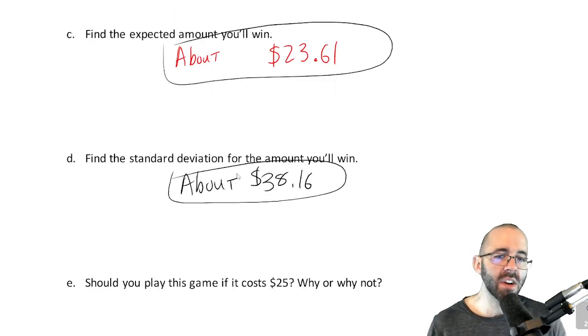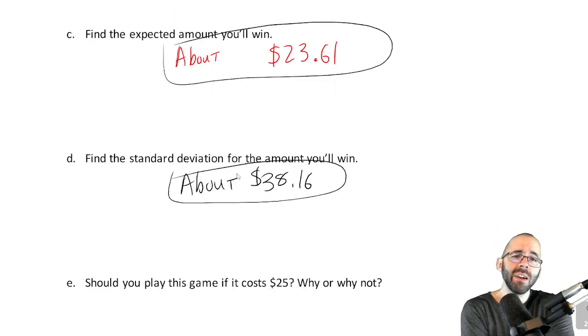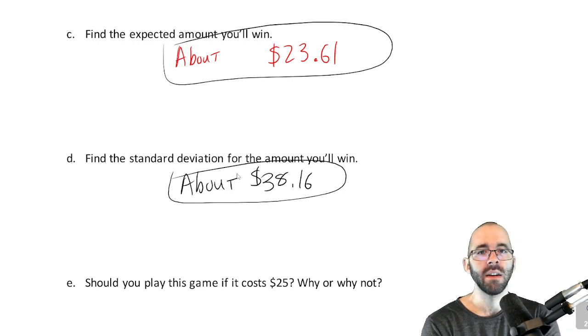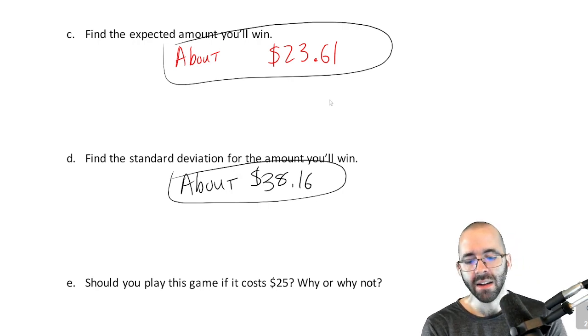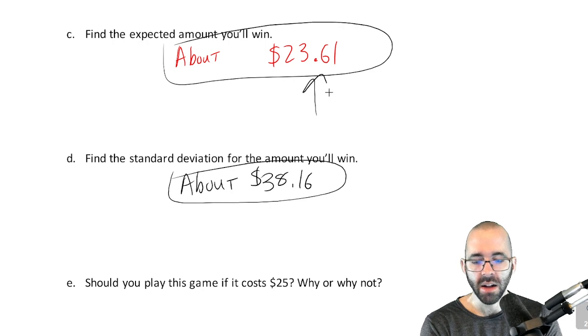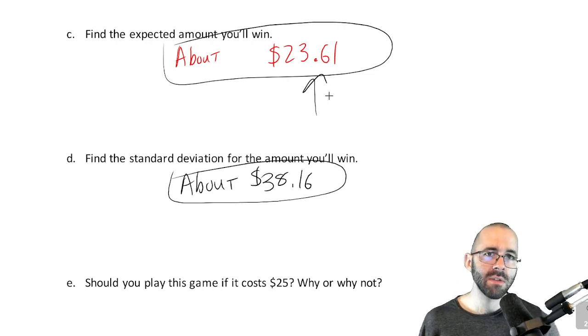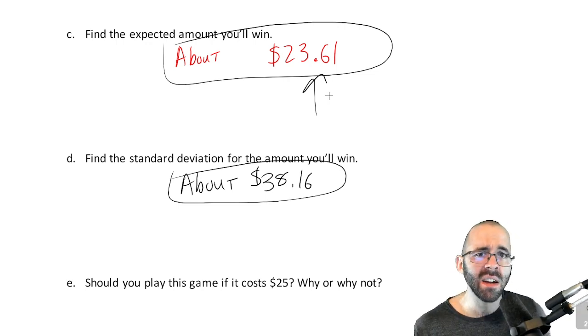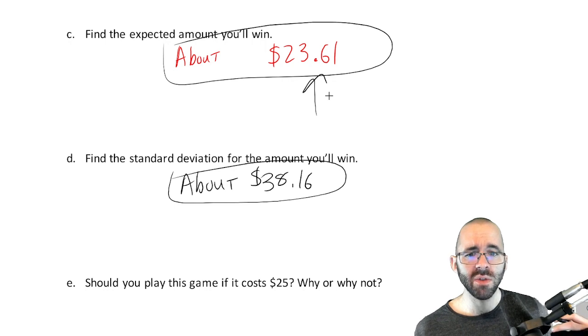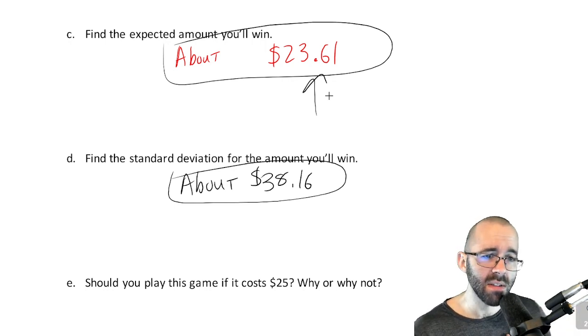Should you play this game if it costs $20 to play? Why or why not? Well, we're winning less than $24 on average. If we play this game a long time, it's random. But if we play it a long time, on average, we'll come out about $24 for a win. So if it costs $25 to play, on average, it's going to cost more than we're going to be winning.